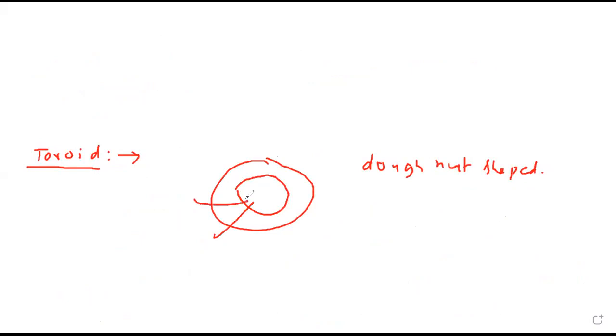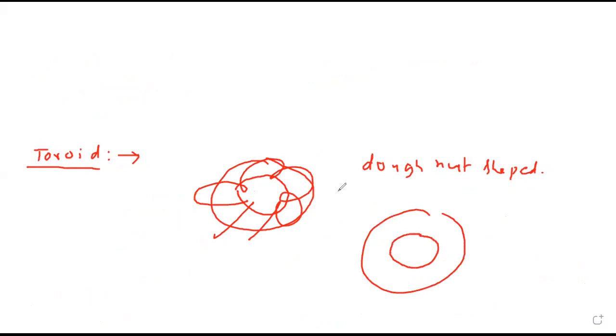Along its length, the coil is wound around the circumference. Now if I cut this into two parts, from here the current will come outward and here it will enter, either cross, cross, cross, or dot, dot, dot. Now if you see the field, it will go like this. This will be the direction of the field.